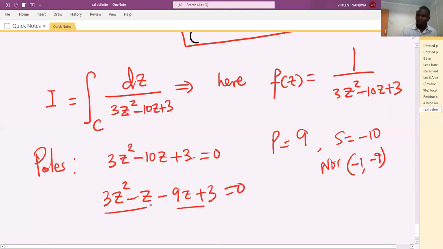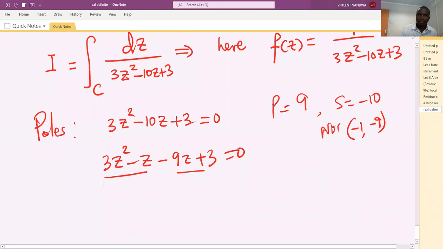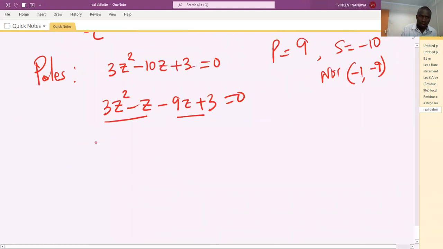So doing the pairing, I'll get z into 3z minus 1 minus 3 into 3z minus 1 equals 0.